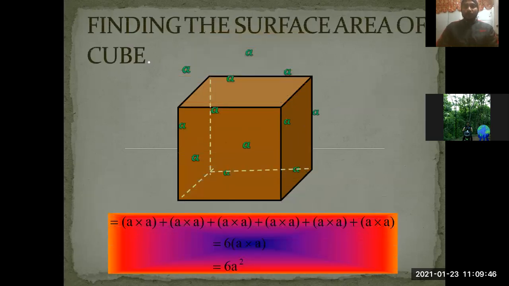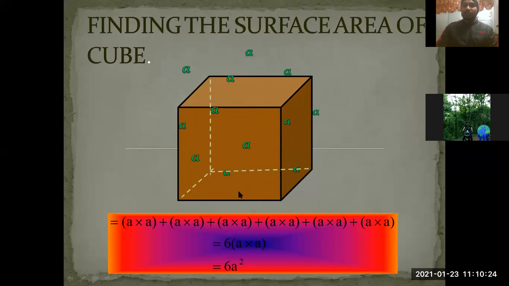So how to find the area of the cube, the surface area of the cube. There are 6 surfaces in this cube. This one is the front one and the back side one, 2, this side one, 3, 4, 5 and 6.